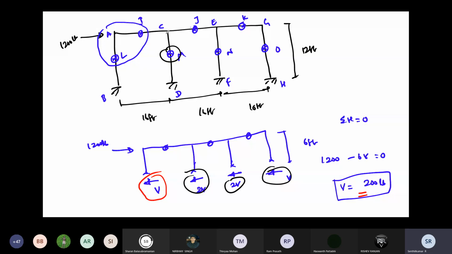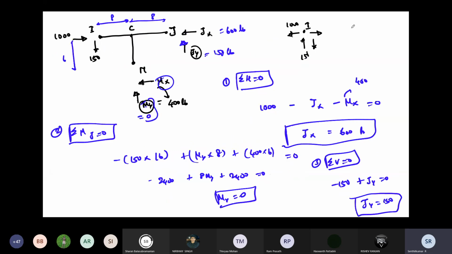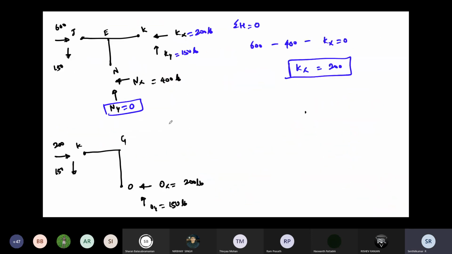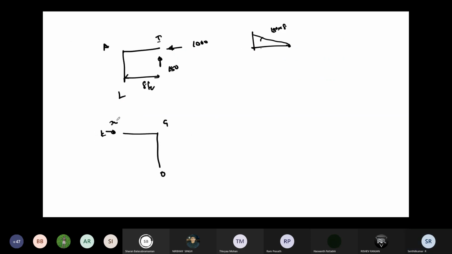Then again, next. I want to find out the moment about K. Okay, first we will just go with K also. So what about your K value? K is 200 and 150. So what about your bending moment now? Same 150 into 8.